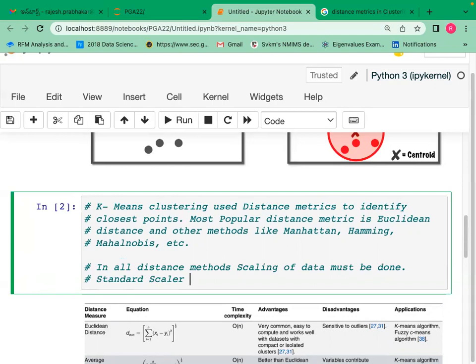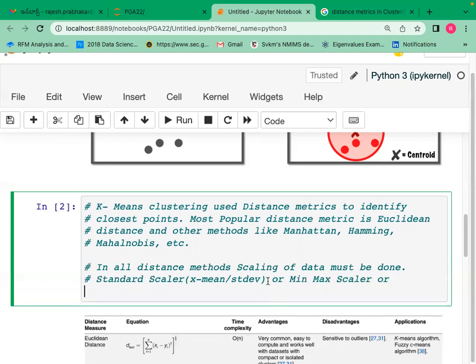What is standard scaler? Standard scaler is x minus mean divided by standard deviation, or we can use min-max scaler, or we can use robust scaler. Robust scaler is used when you have very huge outliers.